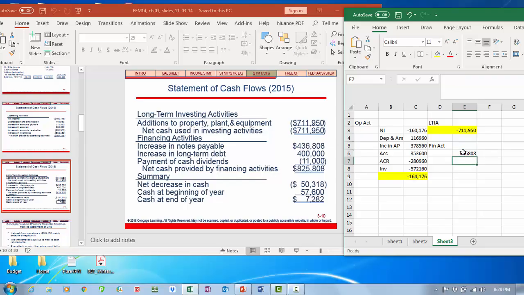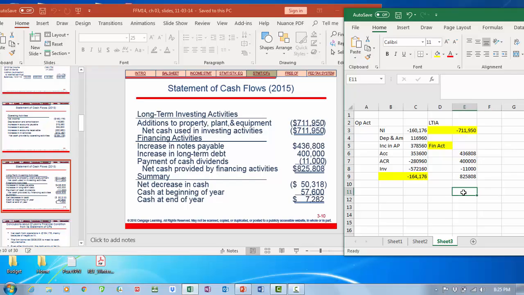And then you have long-term debt. Again, money would come in. If the long-term debt would have been retired, then the money would have gone out. Payment of cash dividends, obviously this is money going out. So the total in this case is going to be 825,808.